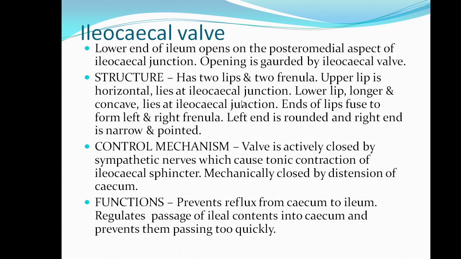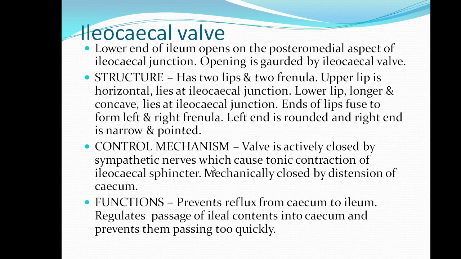It lies at the ileocecal junction. The lower lip is longer and concave. It lies at the ileocecal junction. The ends of the lips fuse to form the left and right frenula. The left end is rounded and the right end is narrow and pointed.